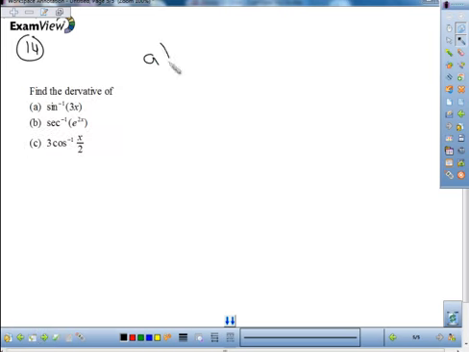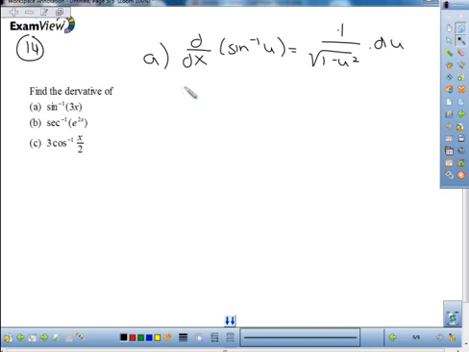So let's take the derivative of each one. To find the derivative of sine inverse, we need to remember that the derivative of sine inverse of u is 1 over the square root of 1 minus u squared times the derivative of u.